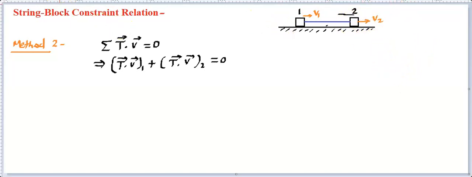This v1 will not be in any other direction, but only along this. So either you will assume this or you might assume this, but v1 will be deciding. That means initially we need to decide the direction of v1 and v2. Either they will be given to you or you need to find them out. So you need to decide in which direction the block is going to go.